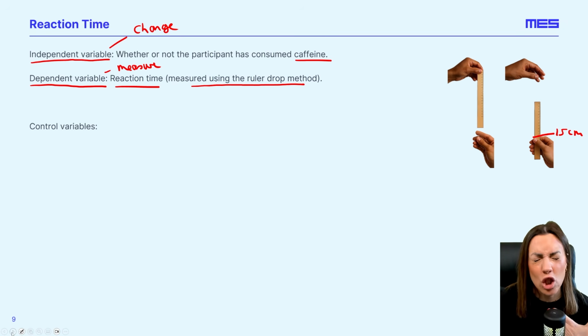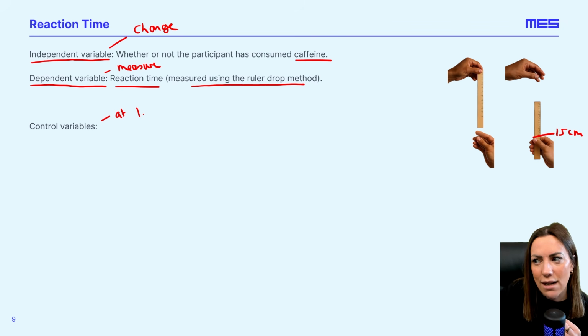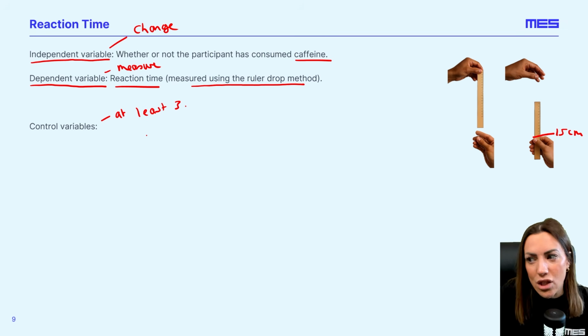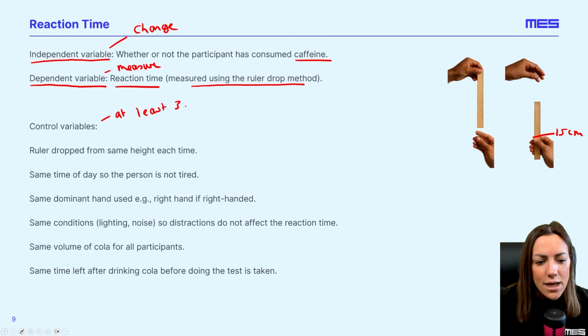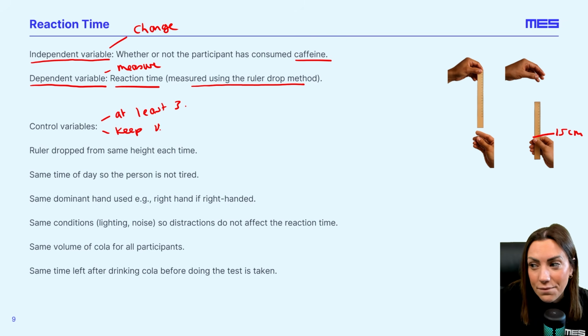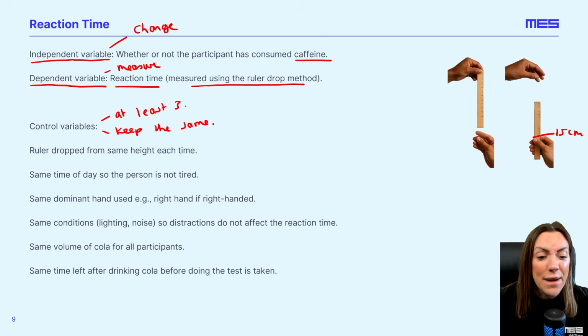Control variables are so important. And if ever you're planning an investigation, I always tell my students to include at least 3 so you can access the top tier of the mark scheme. So here are some examples of control variables that you would have to keep the same, because if you do not keep these the same, they could affect the reaction time and basically make your results invalid.